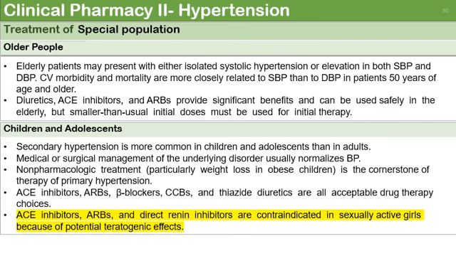In this case the target is a blood pressure less than 150 over 90. Here cardiovascular morbidity and mortality are more closely related to systolic than to diastolic pressure. Diuretics, ACE inhibitors, and angiotensin blockers provide significant benefit and can be used safely in the elderly with a smaller than usual initial dose. The drug of choice is an ACE inhibitor or a diuretic, and the dose is always lower to avoid side effects.